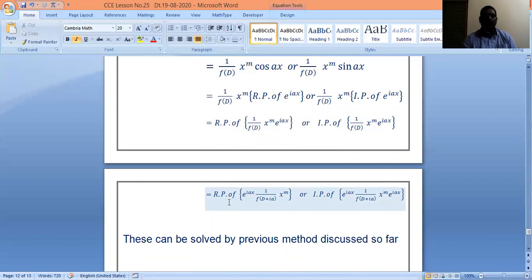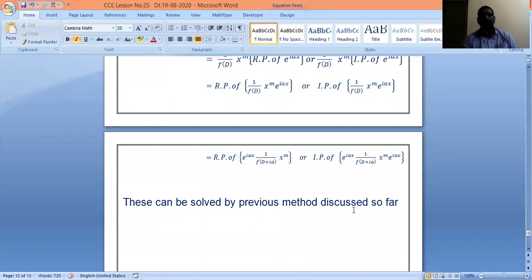That is equal to the real part of e power iax into 1 by f of D plus ia into x to the power of m, since by taking e power iax common from this function, we replace D by D plus ia. Or the imaginary part of e power iax into 1 by f of D plus ia into x to the power of m, where here also by taking e power iax common we write D plus ia in place of D. This can be solved by the previous methods discussed so far.